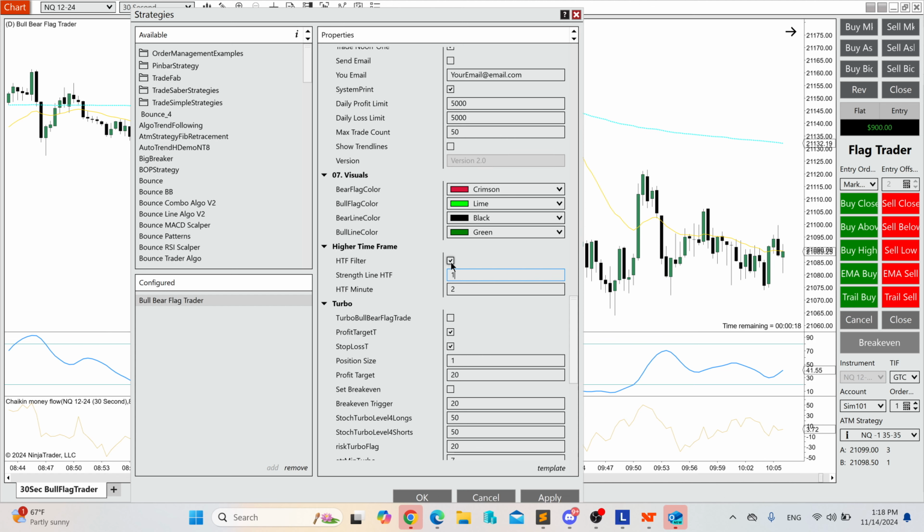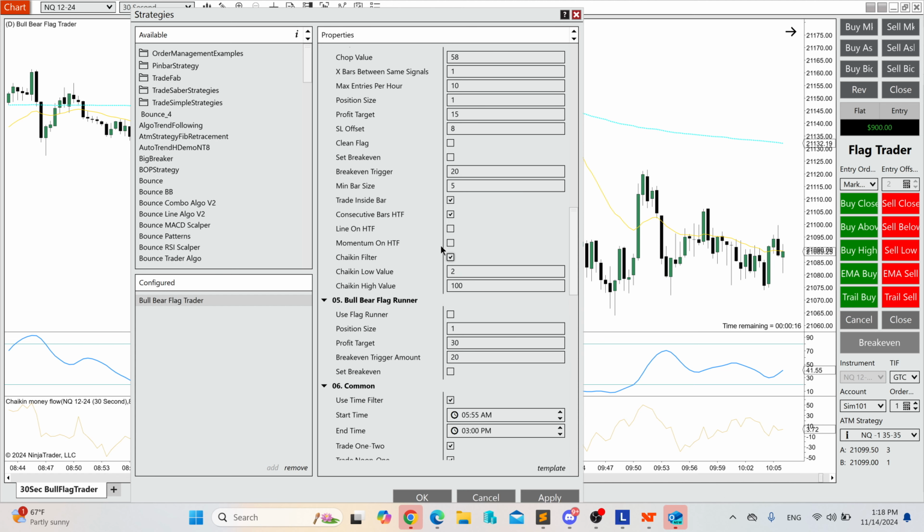But I don't want to use that. If you were going to use it, for these to work you need to select HTF as well. But I'm just selecting this filter.